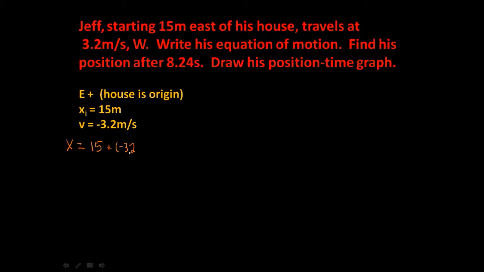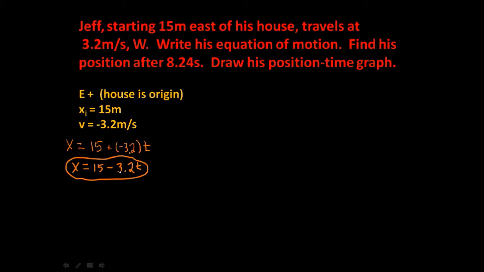That's the negative 3.2 times time, and that's it. Now we can simplify it a little bit, and we will. And so we get for the final equation of motion that the position is 15 minus 3.2t. And that is it. We have answered the first question already.